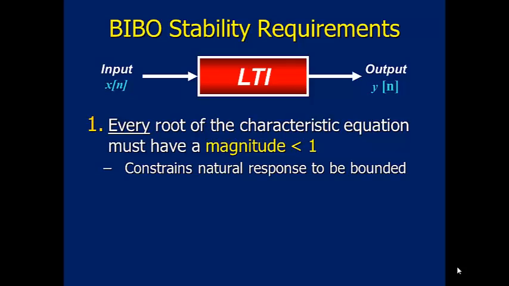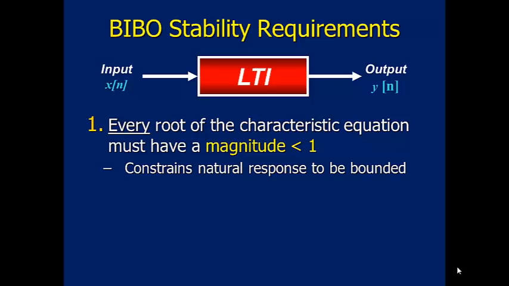Because if it's bigger than 1, if it's like 2, 2 to the n is going 2, 4, 8, 16. It's exponentially growing. If this number is a fraction, then it's going to be decaying exponentially. So essentially, this is a fancy way of saying your system better have a decaying, converging kind of natural response. And it will if all roots of my characteristic equation have magnitudes less than 1.